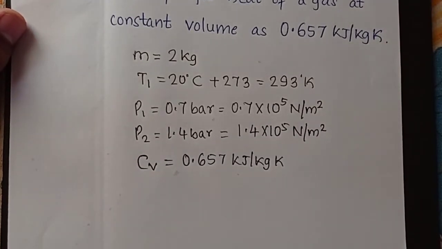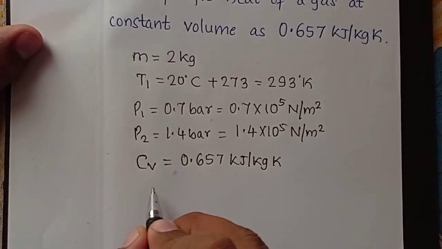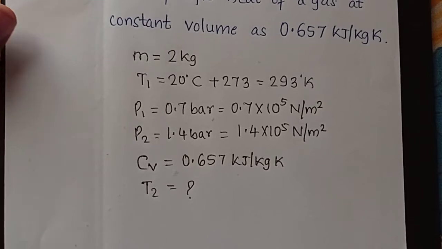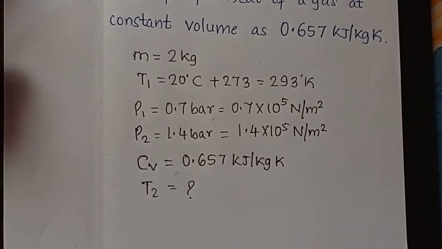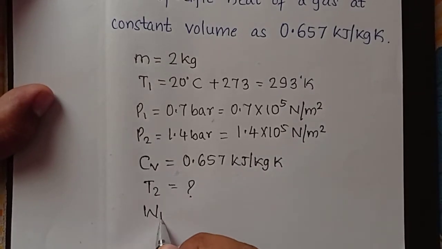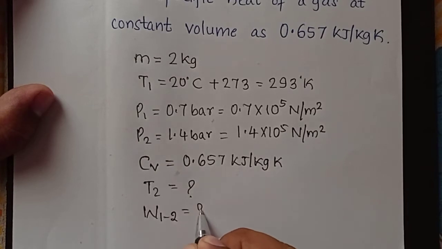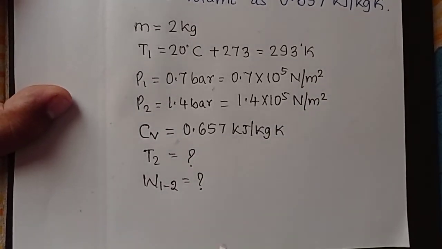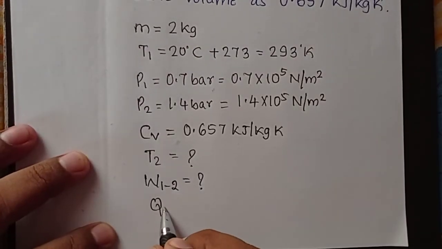So what all things do we need to find out? Calculate one, final temperature, so you have to find out T2 first. Next, work done, W12. Then third, heat added, Q12.